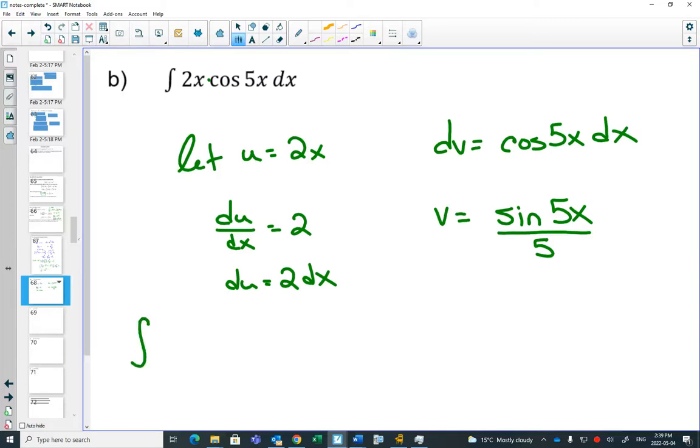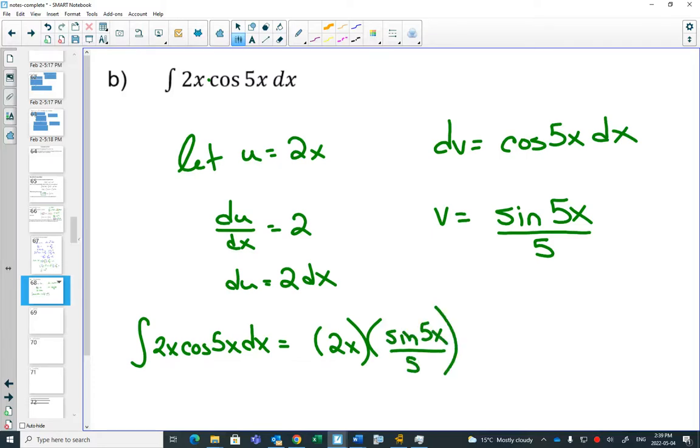And so the integral of 2x cos 5x dx is going to equal u times v. u is 2x, v is sine 5x over 5, minus the integral of v, sine 5x over 5, times du, which is 2 dx.